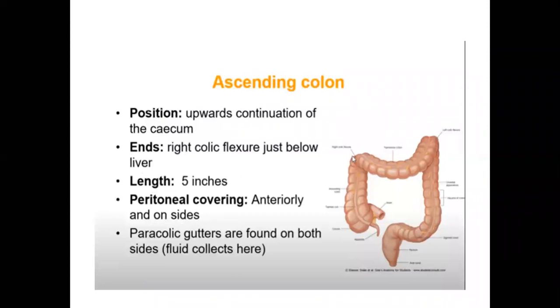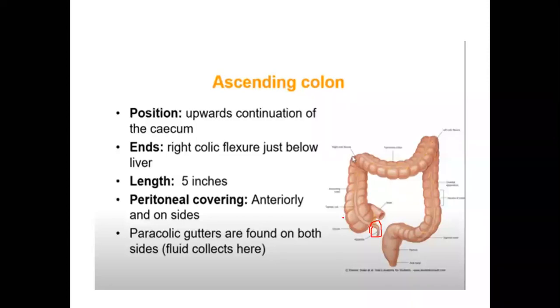Then from the cecum will continue the ascending colon. Now you can very easily identify where the cecum is, because you can see this small part is the appendix. In the posterior medial relationship of the cecum lies the appendix.